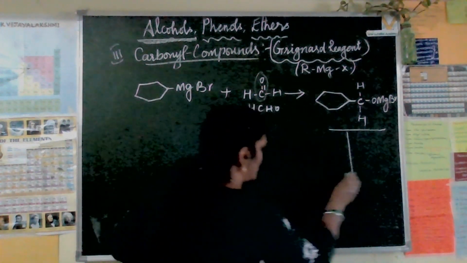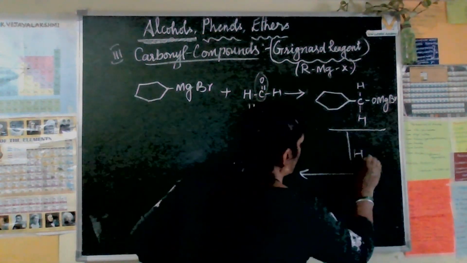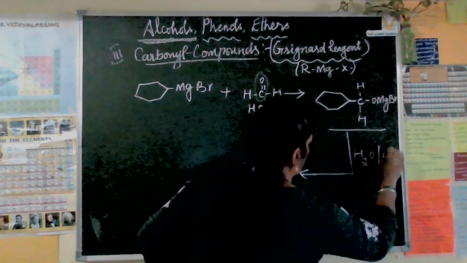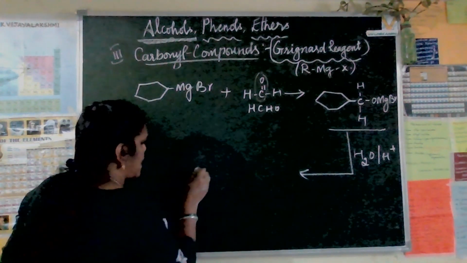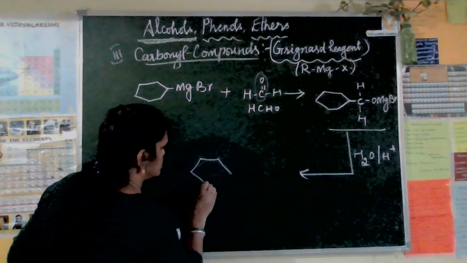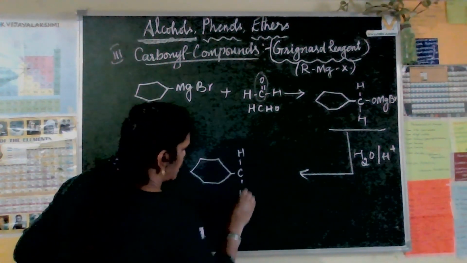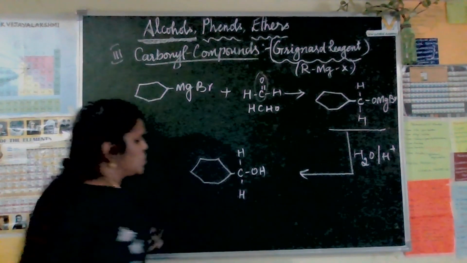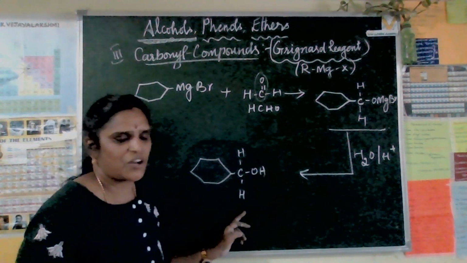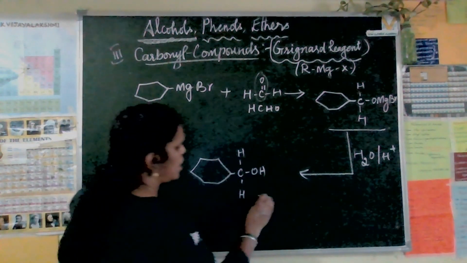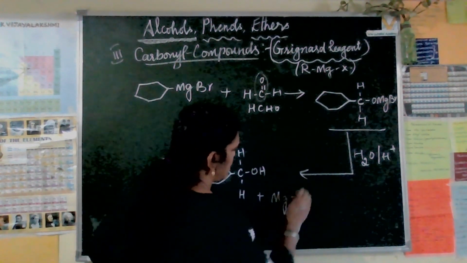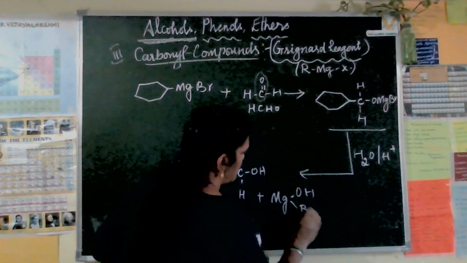Now again it goes through acid hydrolysis with H2O. What happened here? Here C, hydrogen, hydrogen, OH. So cyclohexyl methanol along with Mg(OH)Br.